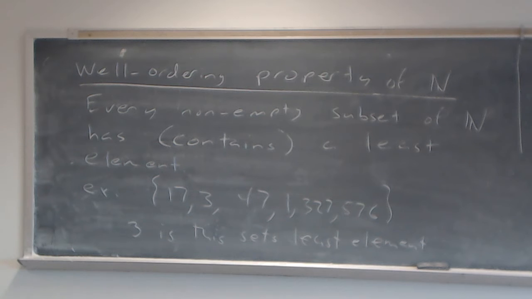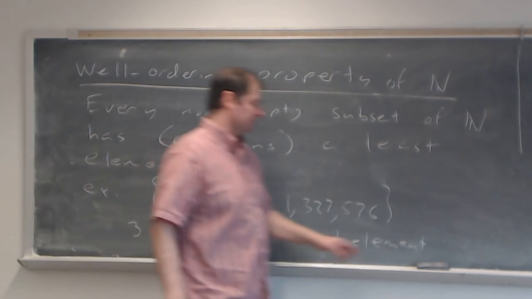Look, the point of emphasis here: if you're a subset of the natural numbers, you're bounded below. So the infimum exists. It isn't that it's got an infimum, it's got a smallest element. It contains its smallest element. Not only is the smallest element out there, but it's inside the set. The infimum does not have to be in every set, even if it exists. But for non-empty subsets of the natural numbers, it does.